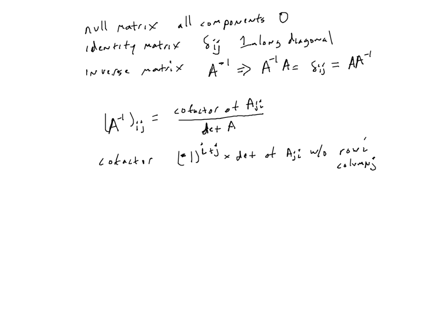Because you have to calculate the determinant of the matrix itself, which is not too bad, but then you have to calculate the cofactors, so you've got 9 of those. You take -1 to the I plus J. So for example, in the 1,1 component, it's just 1. In the 1,2 component, it's -1, and so on.